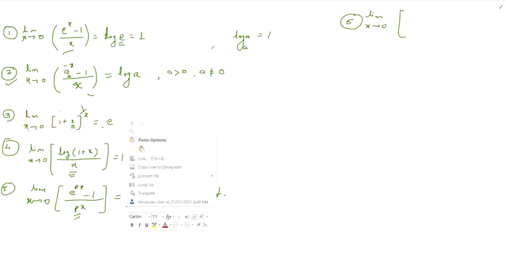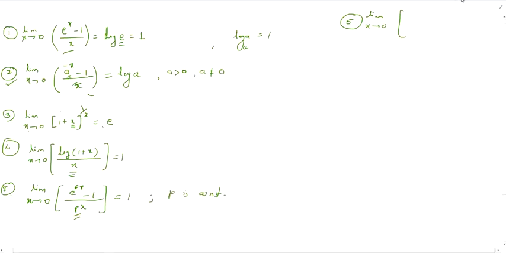So similarly here, if we have limit x tends to 0 of (a raised to px minus 1) upon px, it is equal to again what? Not 1, log of a, and again p is a constant.